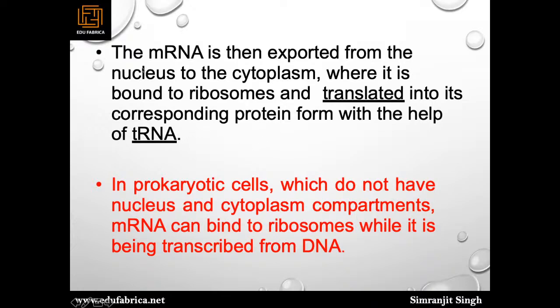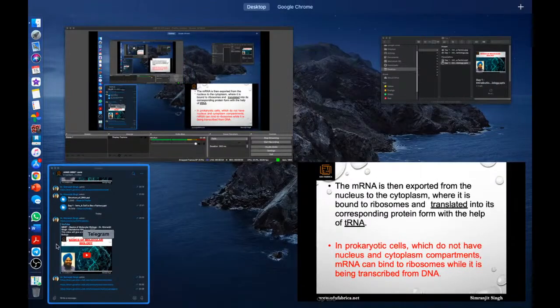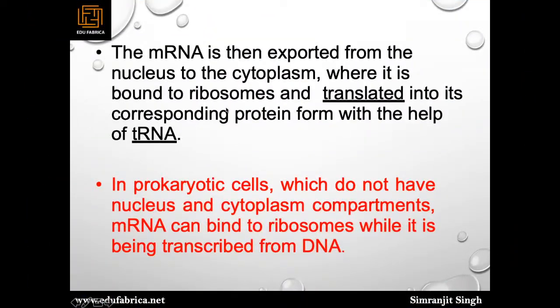This single line seems quite beautifully written, but there is one complete video that I will start now, which will explain transcription, translation, and the central dogma of life, that is central to our life. This statement will be explained now in this very nice animation.